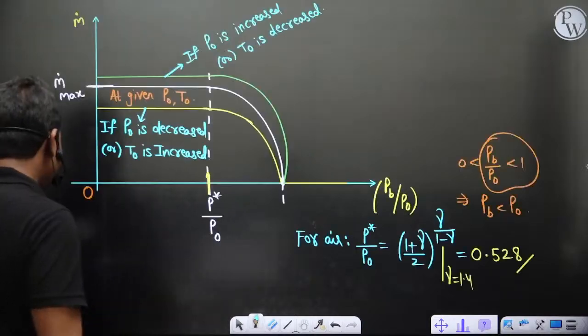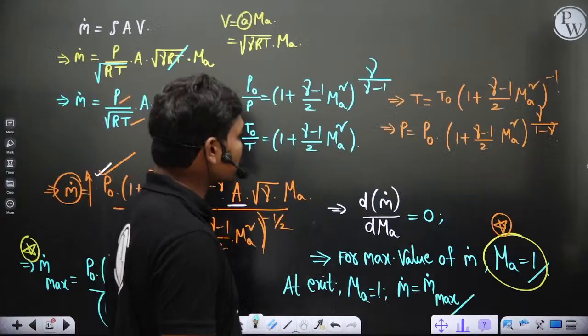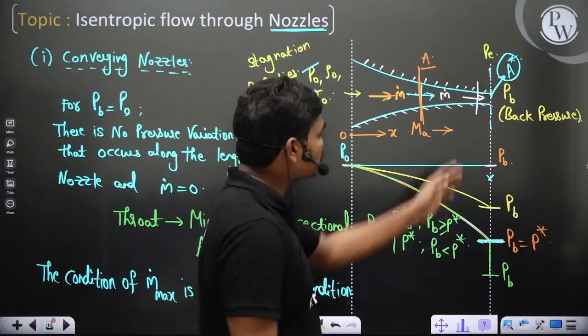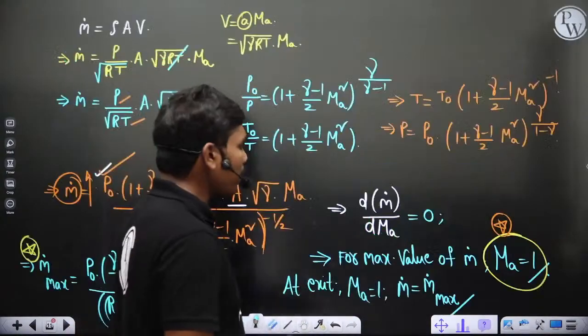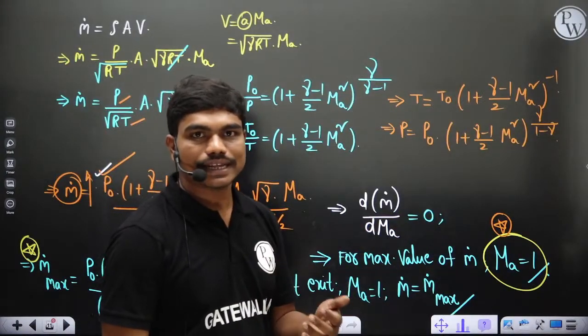Because the converging nozzle offers a limit. Beyond Mach number equal to 1, you cannot increase the speed in the case of a converging nozzle.